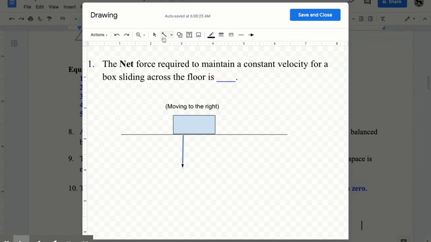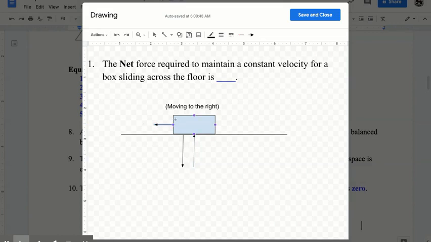But if you're on a floor and gravity's working on you, the floor is also pushing up. That is the normal force, which balances the weight or force of gravity. And it's moving to the right, and no one's pushing it. There is some force going this way.